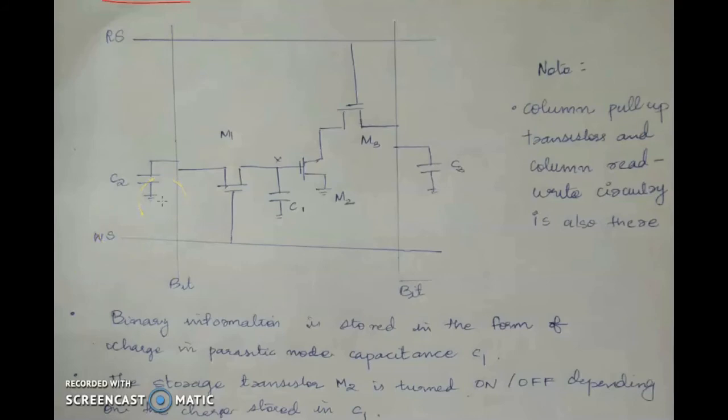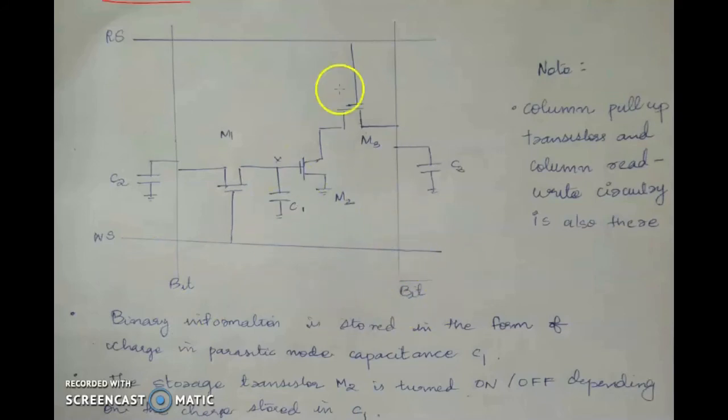We have separate word lines so that when read operation takes place, charge does not leak away through the word select transistor. Also, you can see these 2 lines, bit and bit bar. This bit line is for write operation, and this bit line is for read operation.